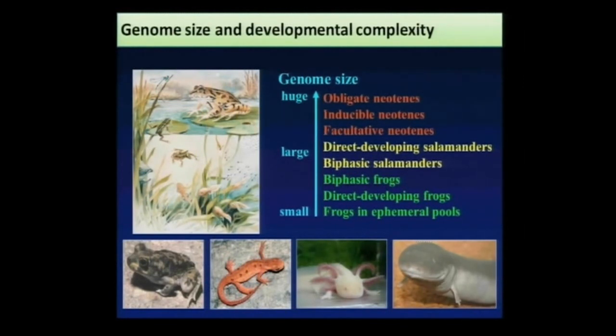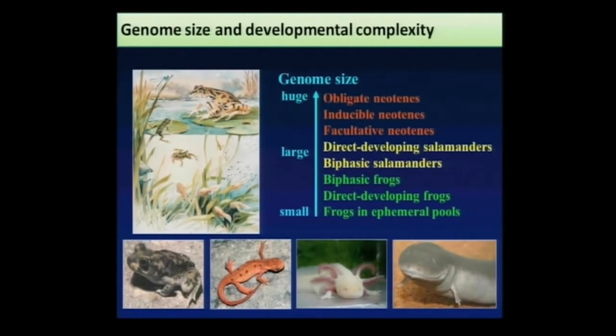And then you get into facultative neotenes, which are salamanders that will metamorphose under certain conditions, like the axolotl here. Inducible neotenes that you can cause to metamorphose in the lab. And obligate neotenes like Amphiuma that can't metamorphose. If you inject them with the hormone, they die.